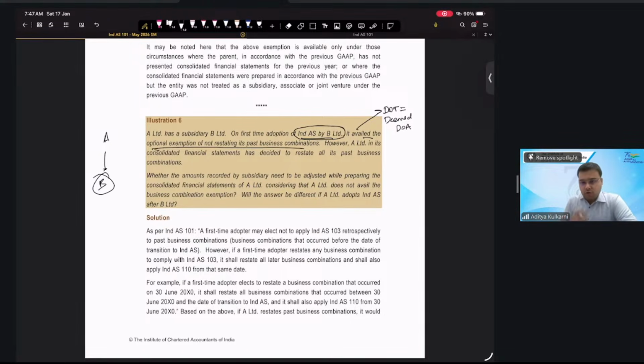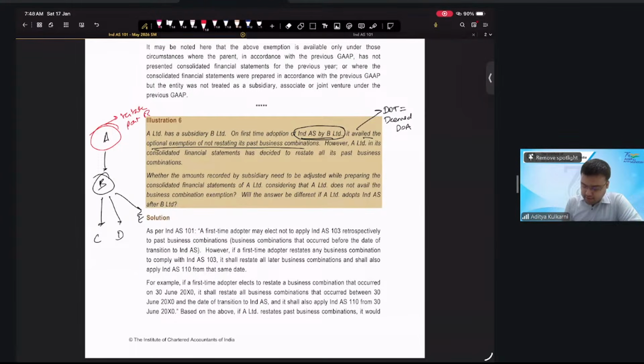Okay. So, see, B is converging to Ind AS. And when B is converging to Ind AS, B would have subsidiaries, let us say C, D, and E. So when B is consolidating, it availed the exemption of DOT equals deemed DOA. Are we okay with this? Yes. Do you understand the question? However, A Limited in its consolidated financial statements has decided to go for restatement.